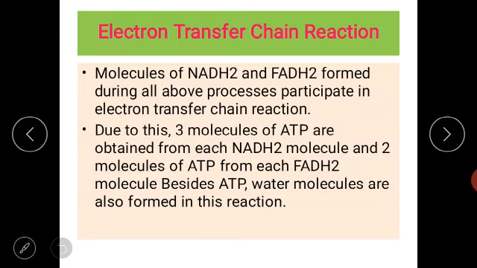So what I said, 3 molecules of ATP are obtained from an NADH2 molecule. One NADH2 molecule gives 3 ATP molecules, and one FADH2 molecule gives 2 molecules of ATP.